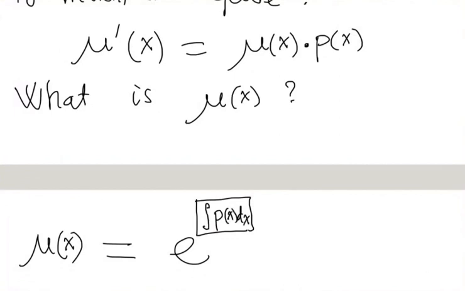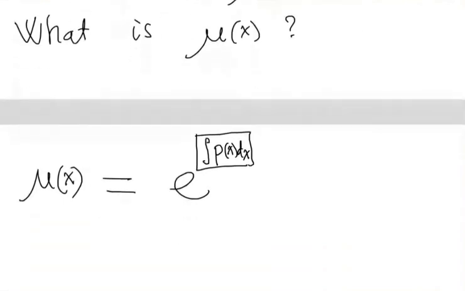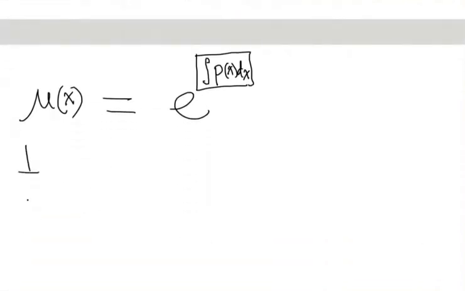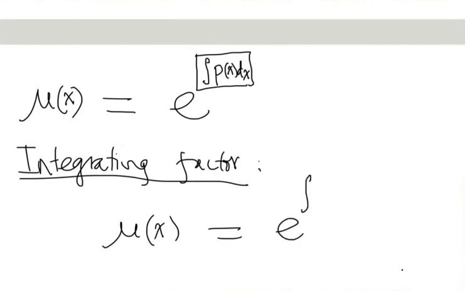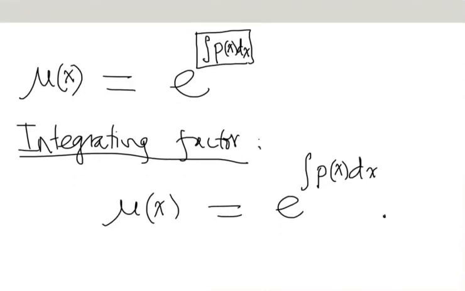And this is the formula for the integrating factor. So the integrating factor is, I'm just rewriting the formula above again, e to the integral of p of x dx. This is the magic factor that we're looking for in any linear equation in standard form.